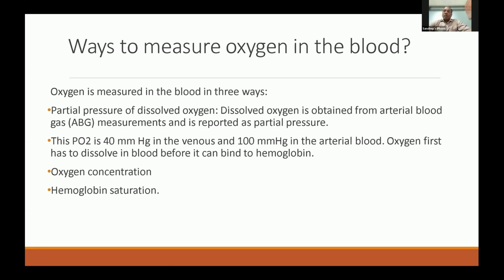Third thing that you continuously monitor on the monitor is oxygen concentration in the form of SpO2, which is pulse oximeter derived oxygen, which is non-invasive and can be continuously monitored, and that is why it is also an important way to monitor oxygen levels in the body. Next slide, please.